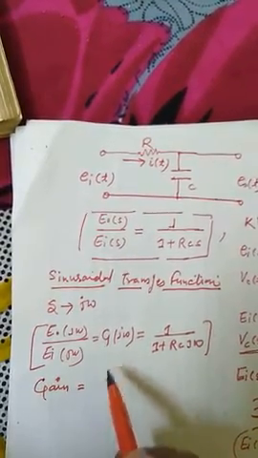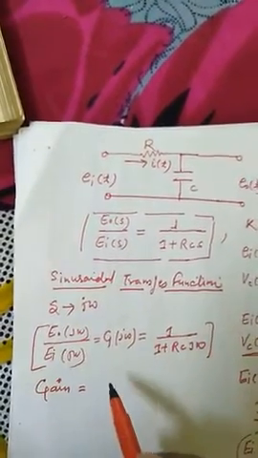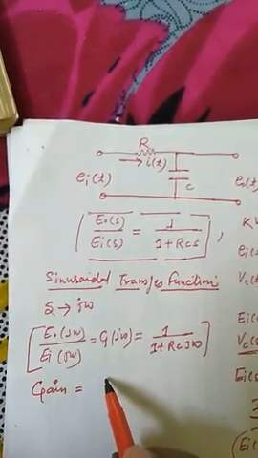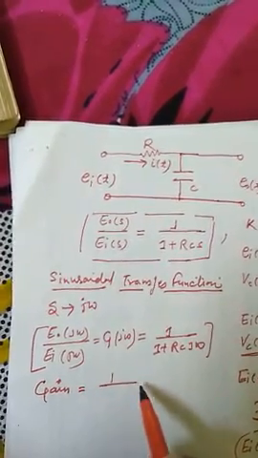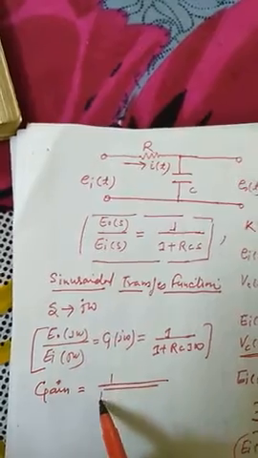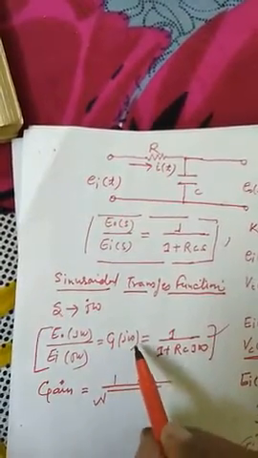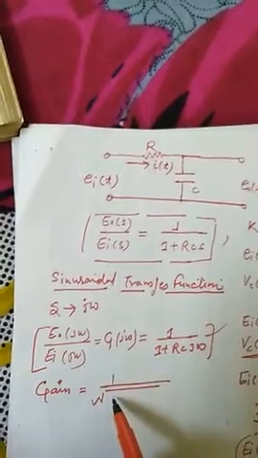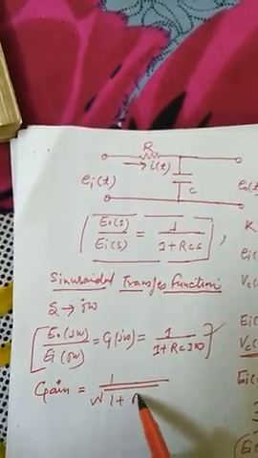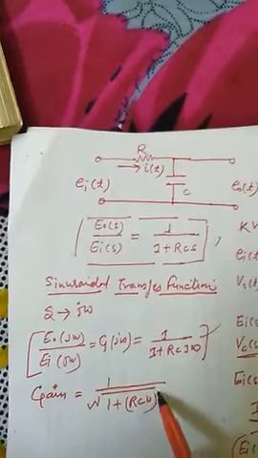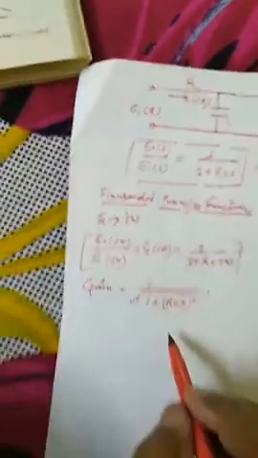So the gain of the filter will be given by 1 upon the magnitude of this equation, that is, 1 upon the square root of 1 plus (RC omega) squared.